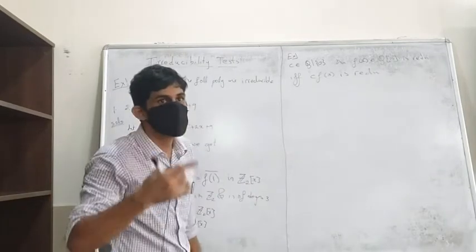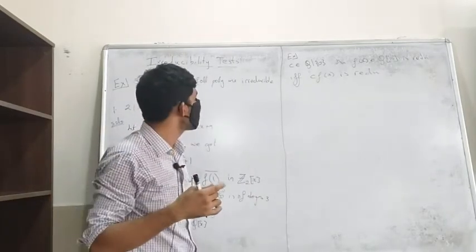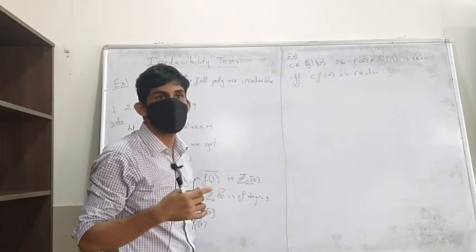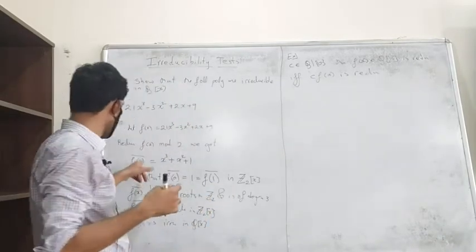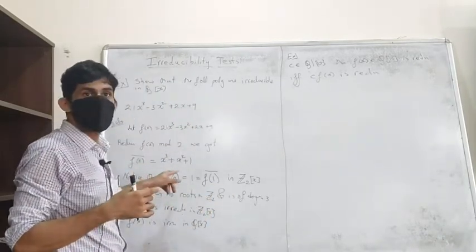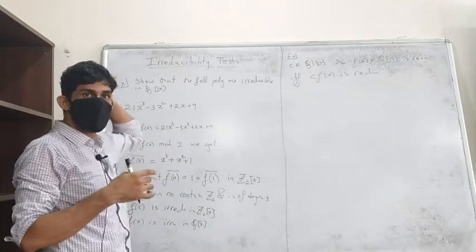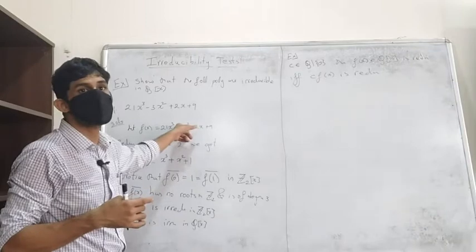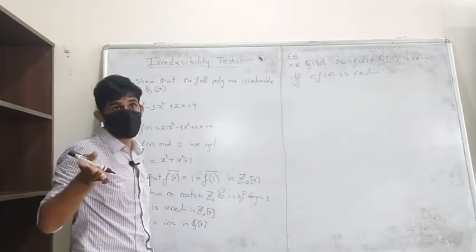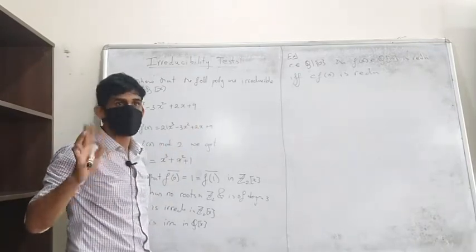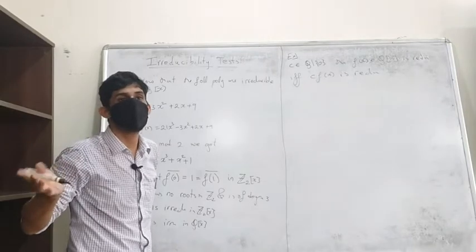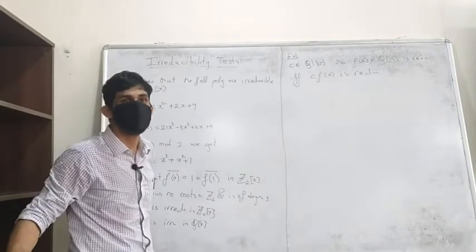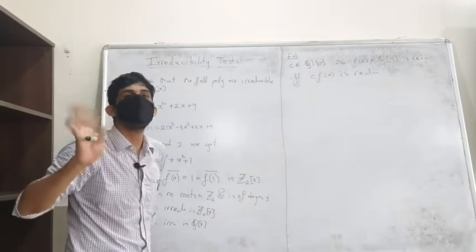By the previous theorem, we are using the previous theorem. The mod P test is only for primes. Zp is a field. Zn generally is not a field.